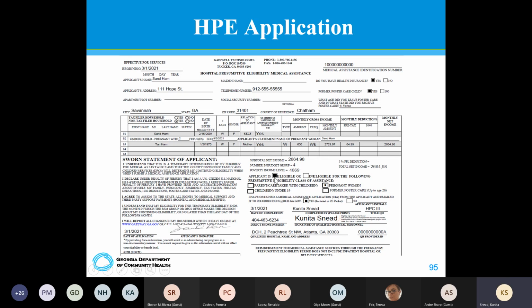Check the box for eligible. She's eligible for a pregnant woman. Yes for the 94A. You put your name and information down here along with the signature. She reads this one statement, date it, and sign it.